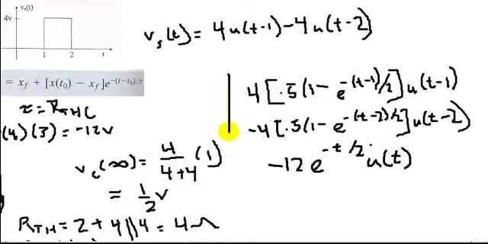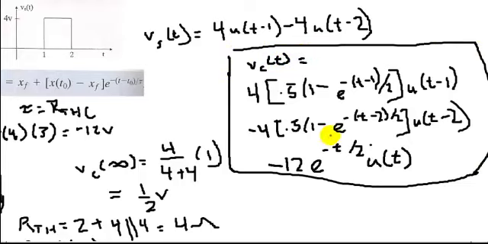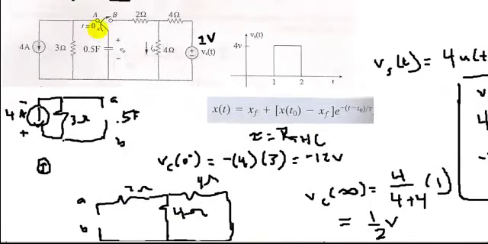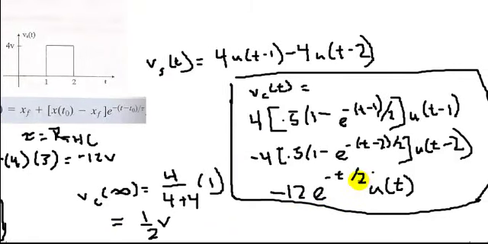And this is our final solution for the voltage across the capacitor, for t greater than 0. The reason why we put e to the minus t over 2 is because this capacitor is charging up. We need to find the initial voltage across this capacitor over time, and that's why we tack on this e to the minus t over 2 times u of t.